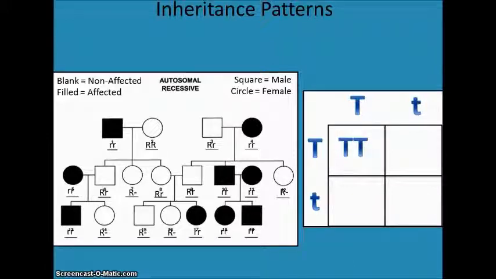In the first square, you can see that there's a 25% chance that the offspring will get two dominant alleles. This is the best thing that could happen, for this would mean that the offspring would not have the disease, and their offspring will not either.